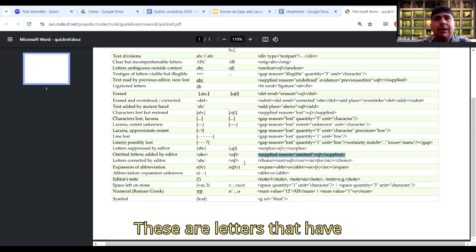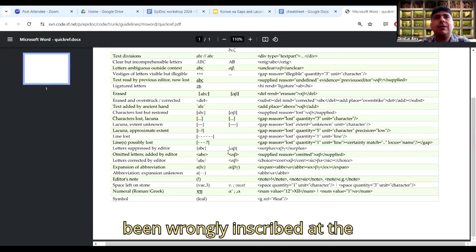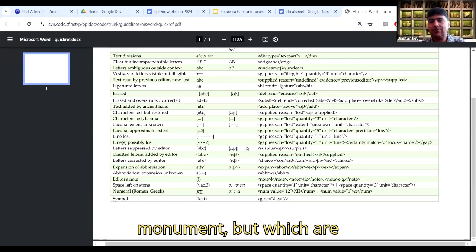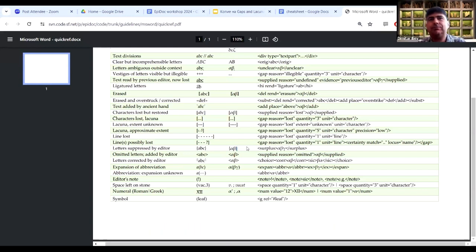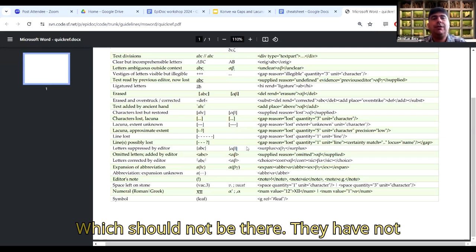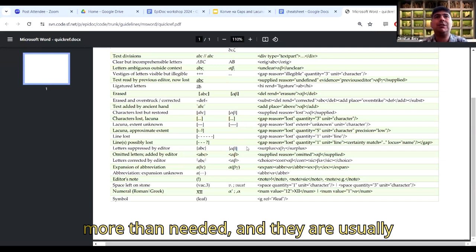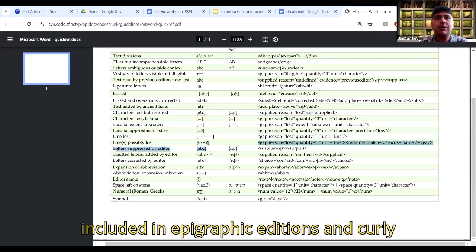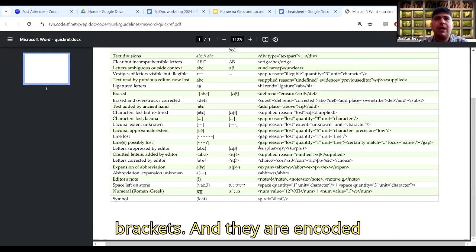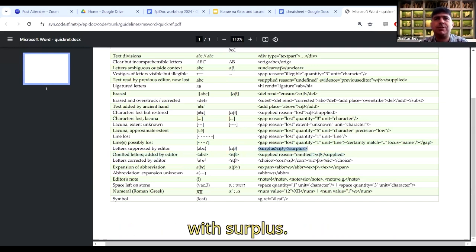Then there are letters that have been wrongly inscribed on the monument, which are surplus, which should not be there. They have not been omitted, but they are more than needed, and they are usually included in epigraphic editions in curly brackets, and they are encoded with surplus.